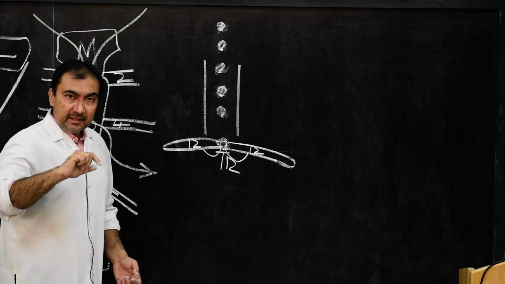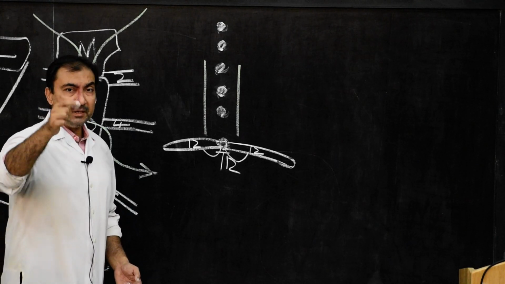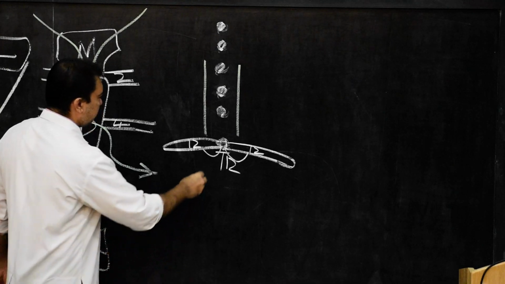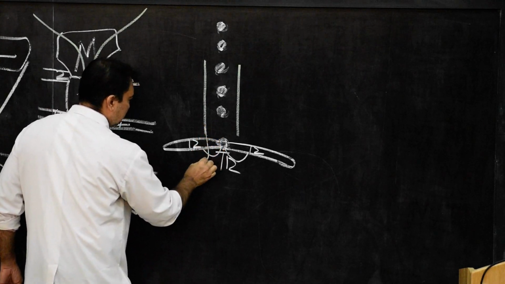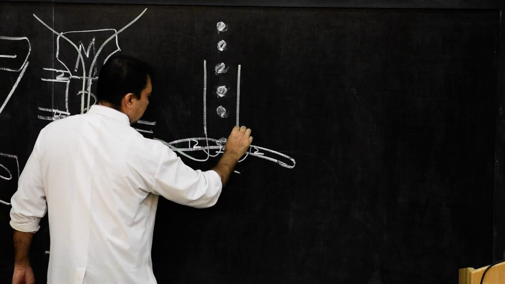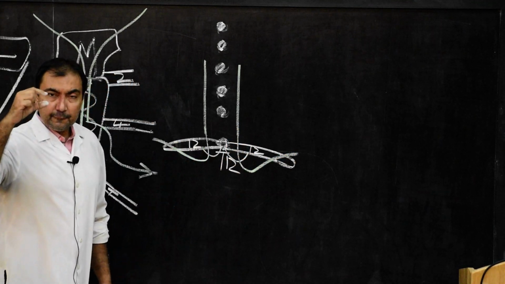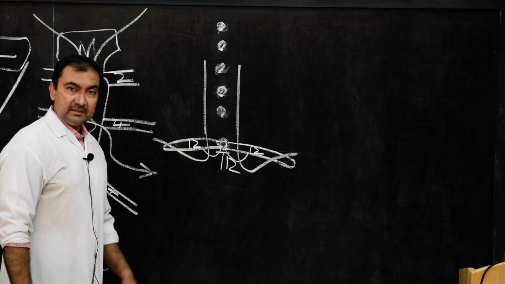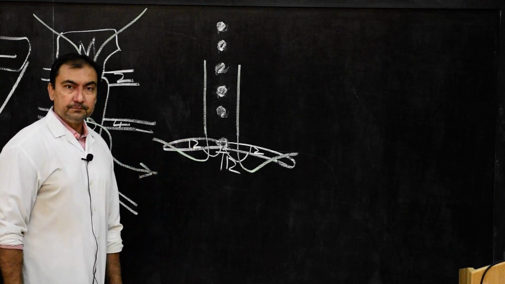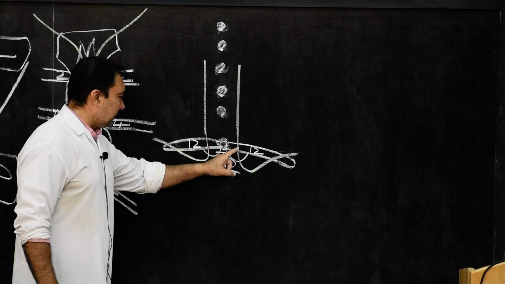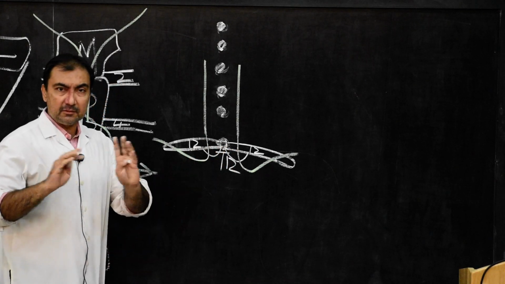So posteriorly, beneath the 12th thoracic spine, this pleura will descend. This pleura will descend for a few millimeters beneath the 12th rib on either side of the 12th thoracic spine. Very simple, do not complicate.